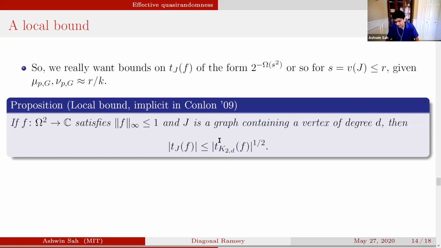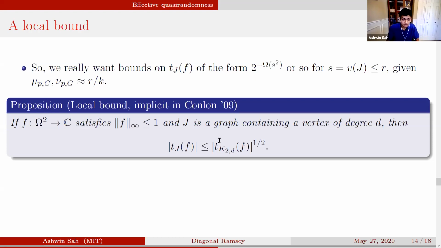Since we all know that the K2A densities are controlled, and they're controlled quite well via this codegree bound, via the L infinity bound on the codegrees, let's try to reduce our signed graph densities to control over graphs. Upper bound this graph density by product graph densities, for example, or something of the form.